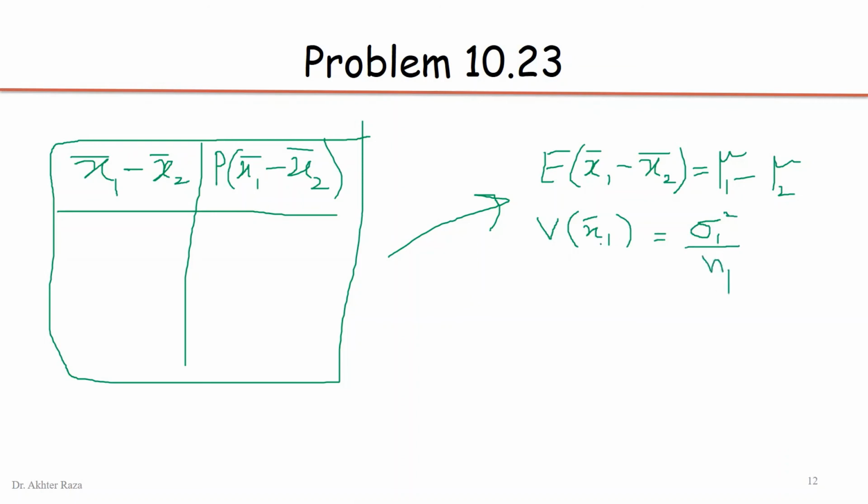If we are interested in the variance of the sampling distribution of mean 2, it is equal to sigma 2 square upon n2. But we are not interested in these two variances. We are interested in the variance of the sampling distribution of the difference of two means.